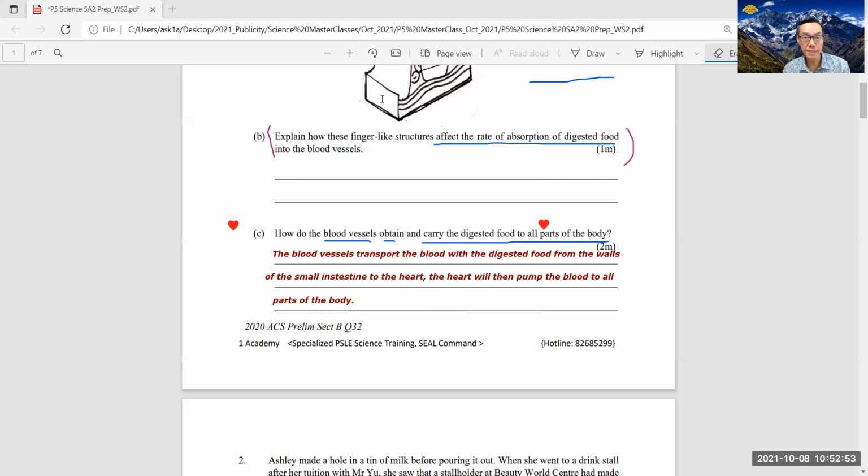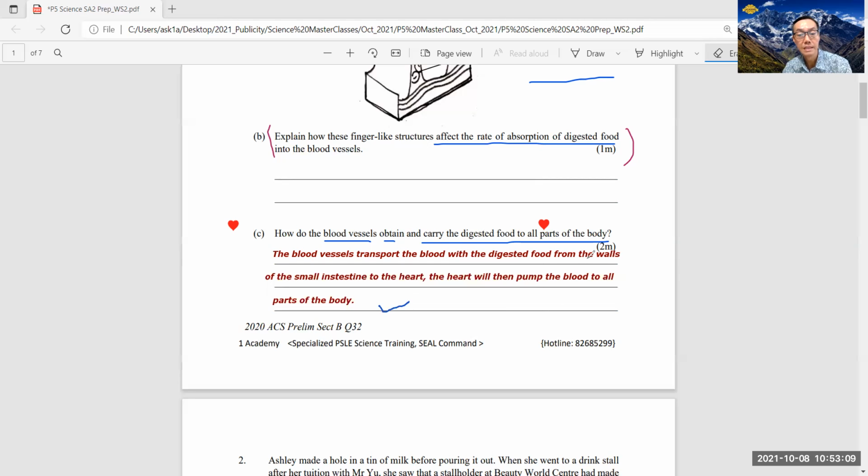Jingsu, can you read out the answer here? The blood vessels transport the blood with the digested food from the walls of the small intestine to the heart. The heart will then pump the blood to all parts of the body.